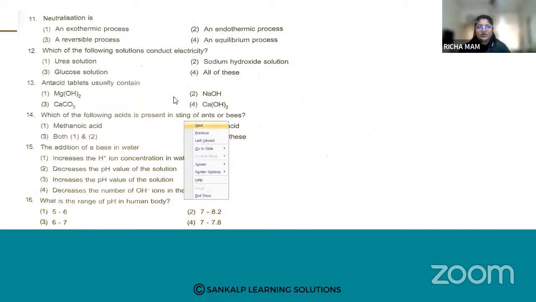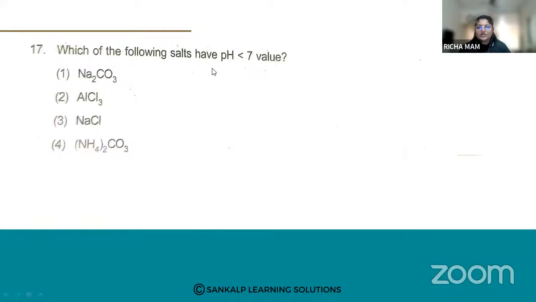Next one. Which of the following salts have a pH less than 7? First one, Na2CO3. Second one, aluminum chloride. Third one, NaCl. Fourth one, ammonium carbonate.